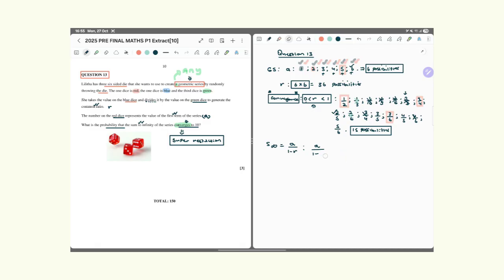What about 3/5? So this is going to be A over, this one gives us 2/5. This is going to be A times 5 all over 2.